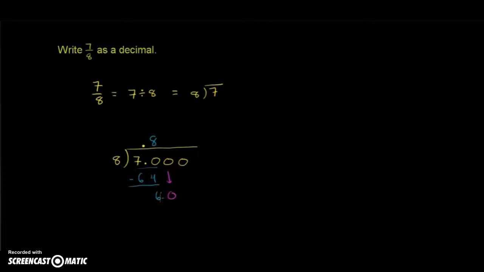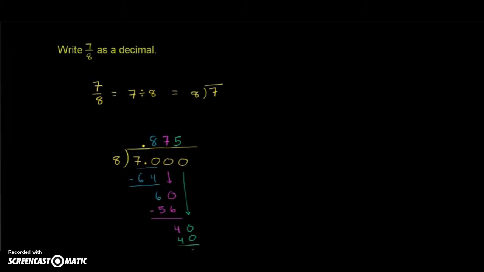8 goes into 60. Well, let's see. It doesn't go into it 8 times because that's 64. 8 goes into 60 7 times. 7 times 8 is 56. And then we subtract again. 60 minus 56 is 4. And now we can bring down another 0 right over here. And 8 goes into 40 exactly 5 times. 5 times 8 is 40.